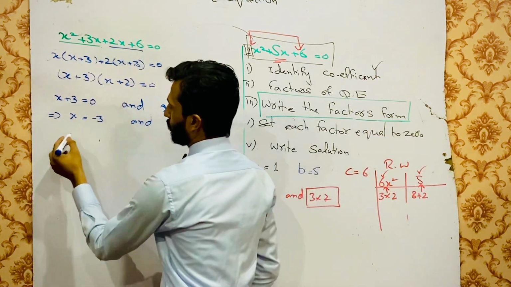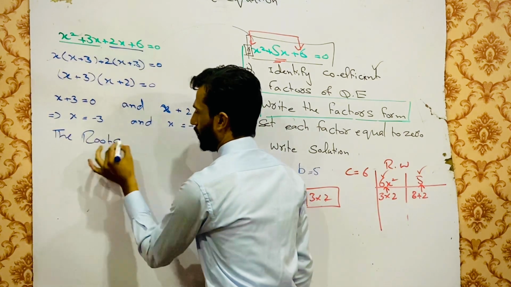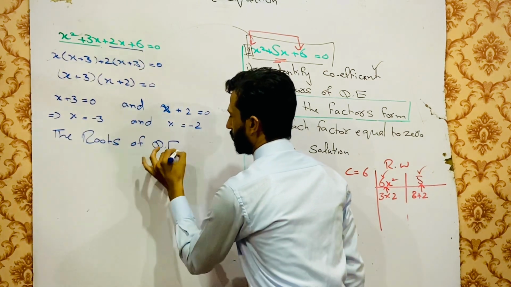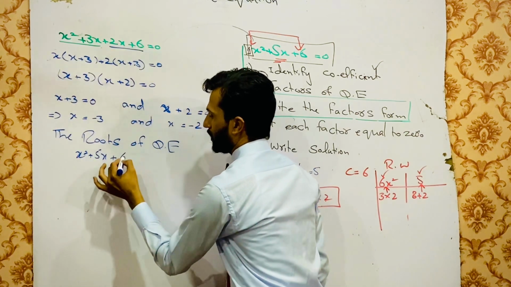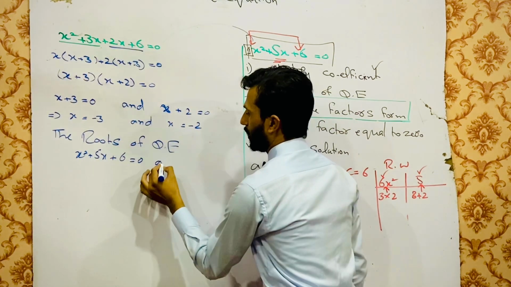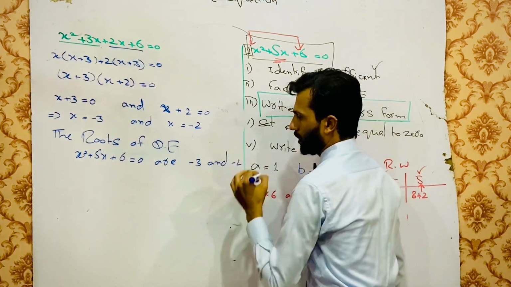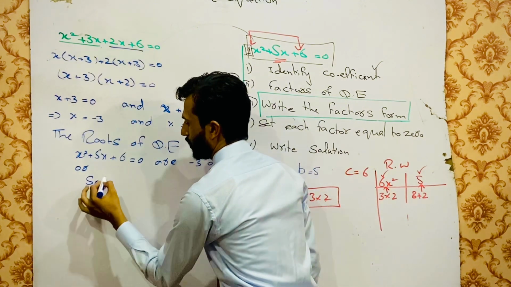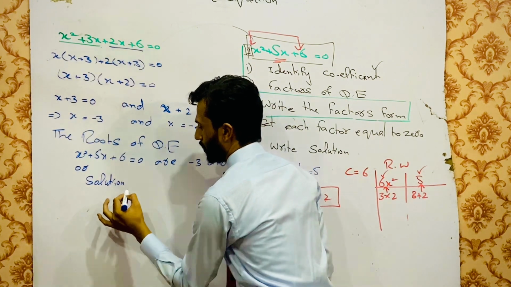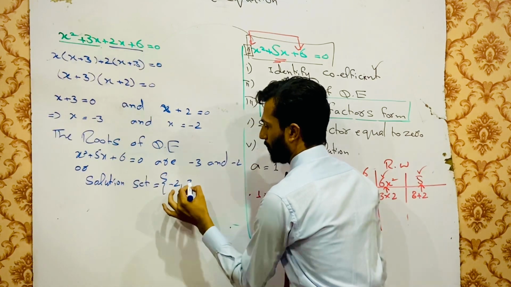The roots of the quadratic equation x square plus 5x plus 6 is equal to 0 are minus 3 and minus 2. Our solution set is minus 2, minus 3.